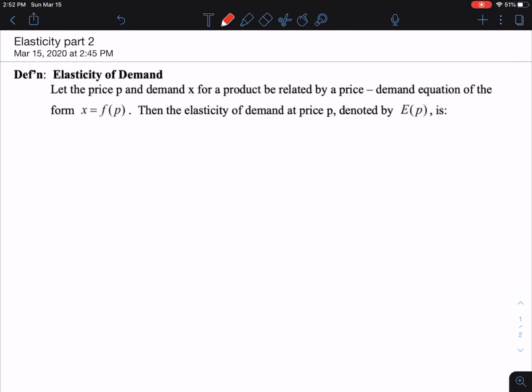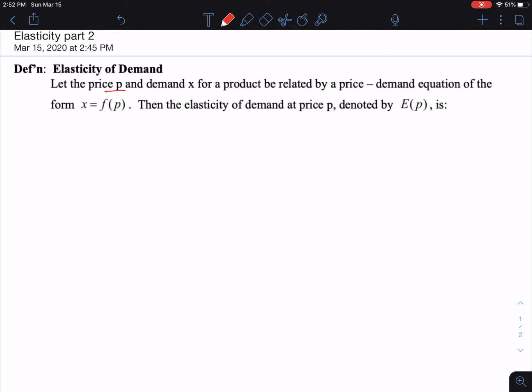So the first thing we have here is the definition, how we define elasticity of demand in this class. Given a price and demand of a product related by this equation, we define that as x equal to f of p. So this is the demand equation. X is demand and p is price.